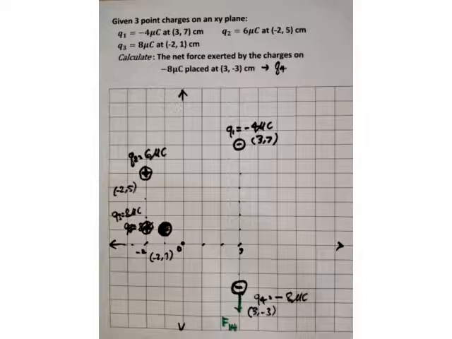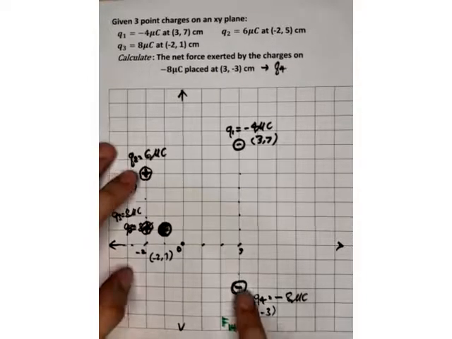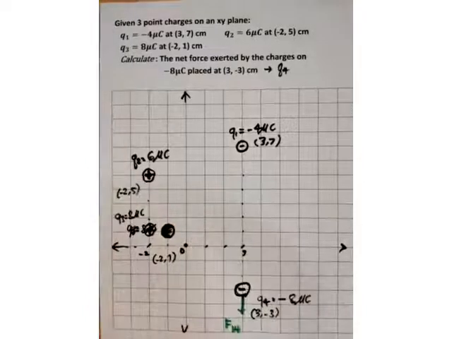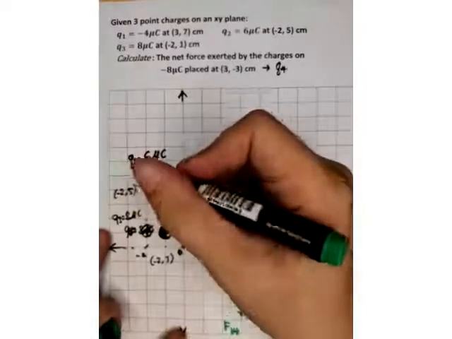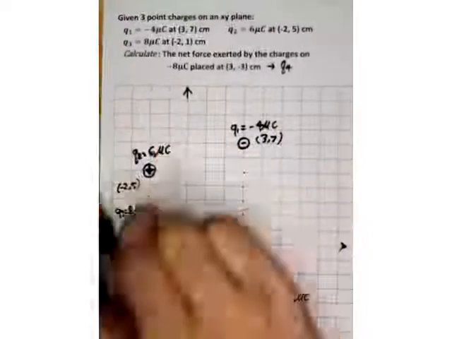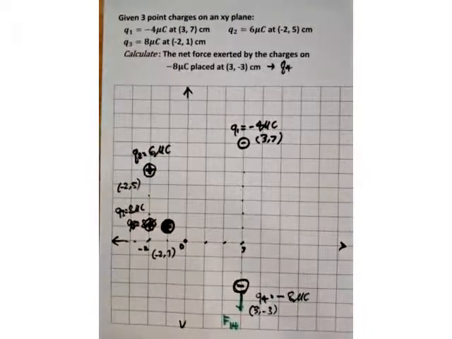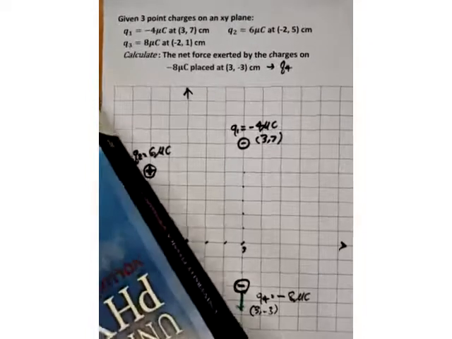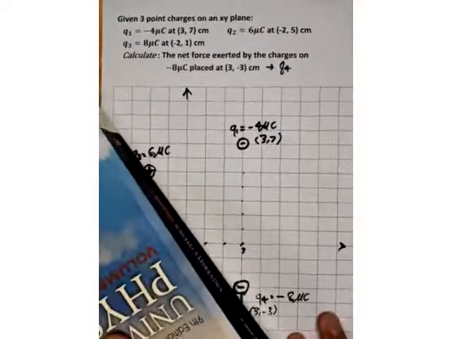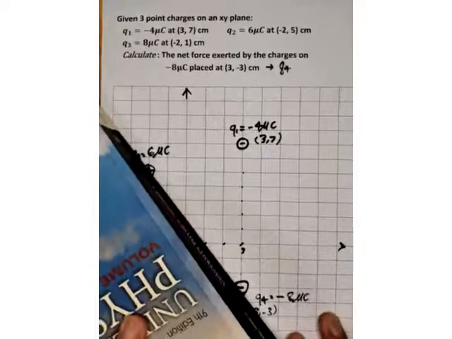Okay, next. Yung charge 2 natin, kung magdodrawing ako ng straight line, wala akong ruler. Okay, so straight line, diretso dito sa charge natin.